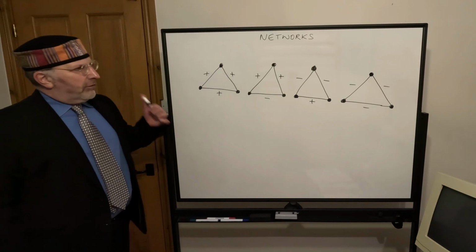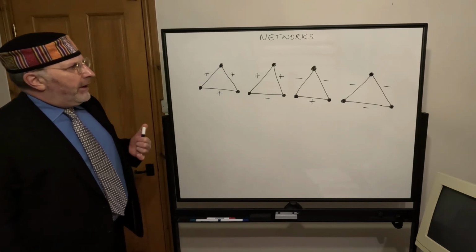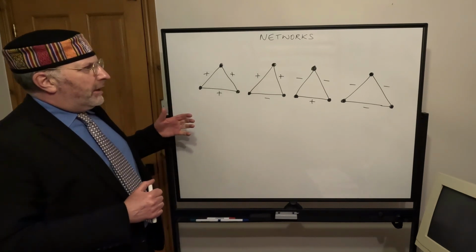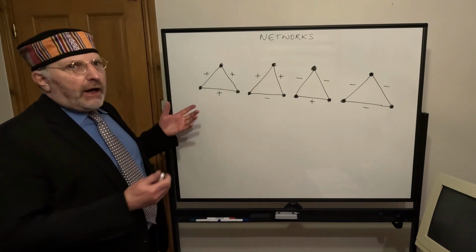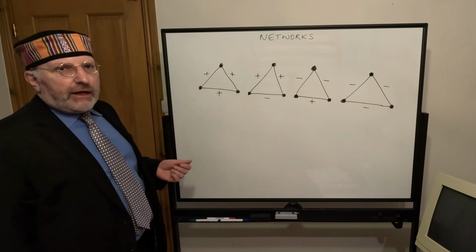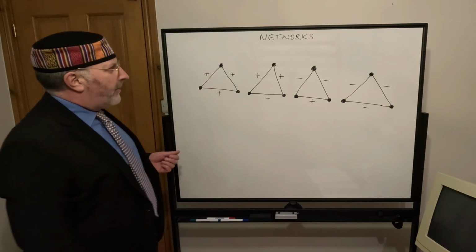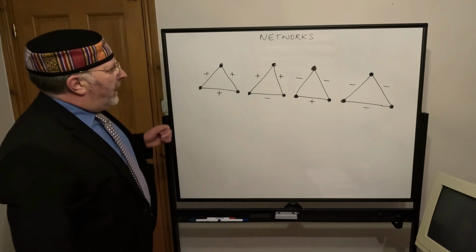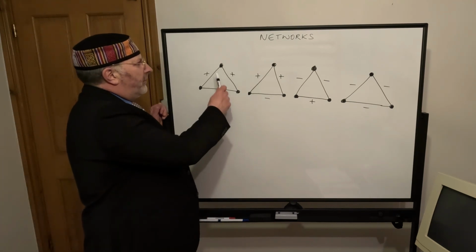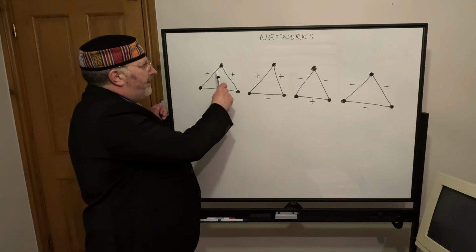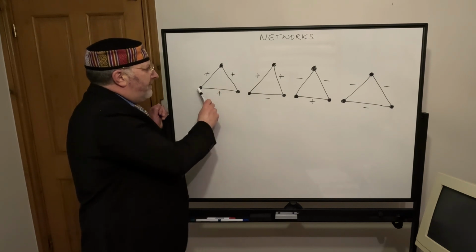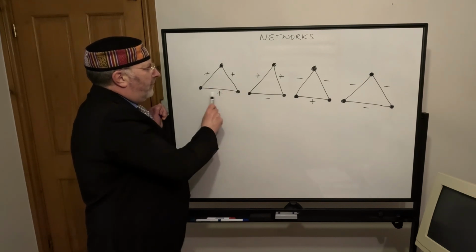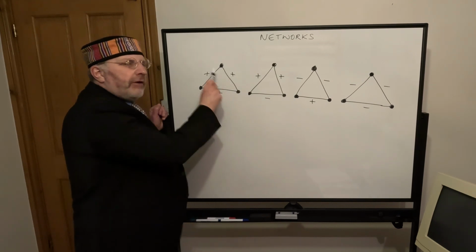Another matter to do with triads is the idea of balance, which occurs in networks that are signed, where the links have a sign, positive or negative, friendly or not friendly. And a triad is said to be balanced if, when this node is friendly with that one and friendly with that one, then these are also friends.